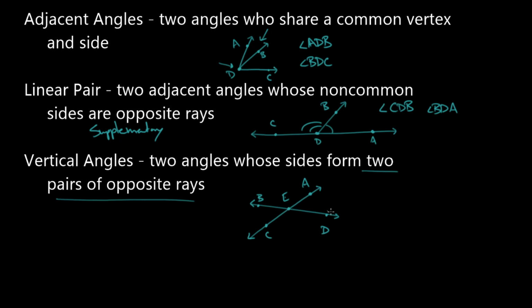So angle AED and angle BEC would be a pair of vertical angles, and then the other pair, angle BEA and angle CED, would also be a pair of vertical angles.